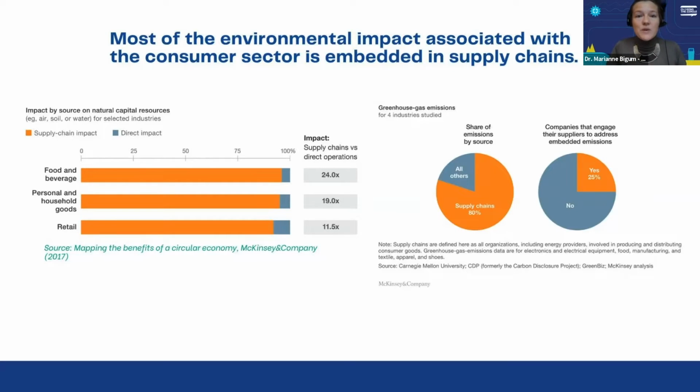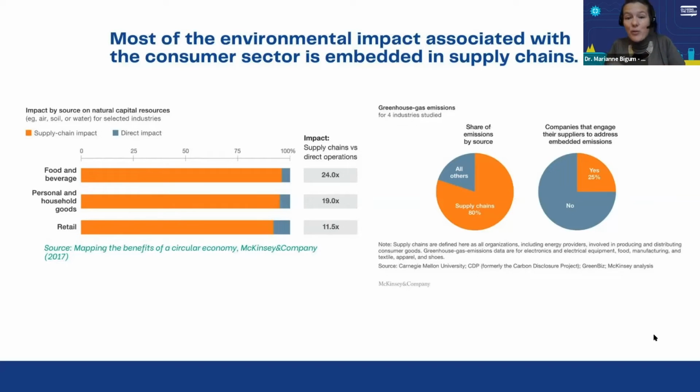Now, on the right, we see greenhouse gas emissions for 4 industries that were studied. Just taking the middle one with the most orange, it says the share of emissions by source. Again, it shows that the supply chains are where we are seeing the current pollution from our economic system, from our production. So it's clear that this is where we should be aiming change and putting the focus.